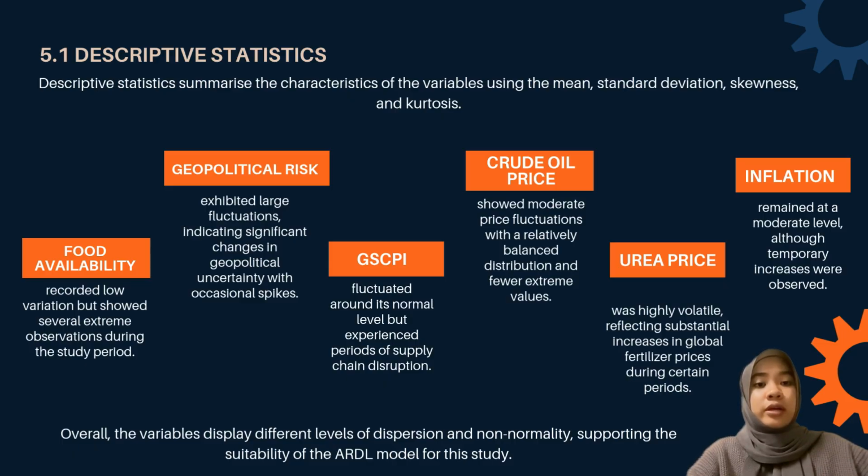Meanwhile, crude oil average price showed moderate price fluctuations with a relatively balanced distribution, while urea price was much more volatile, reflecting sharp increases in global fertilizer prices during certain periods.